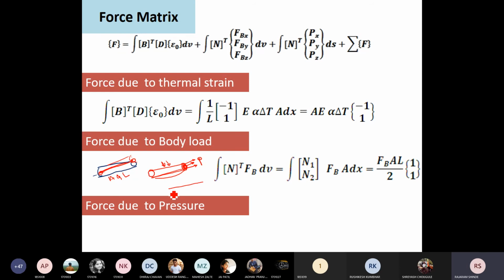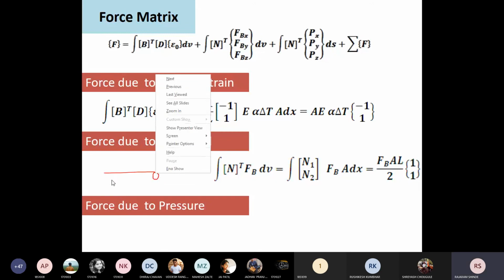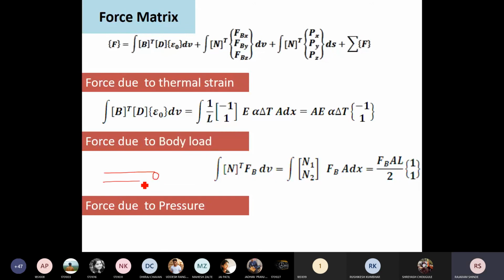When we apply the lateral load, there will be rotations. We are not considering that degree of freedom. Here we are considering only the degree of freedom or deformation in the axial direction. So we are going to consider only pressure in the direction of the axis.